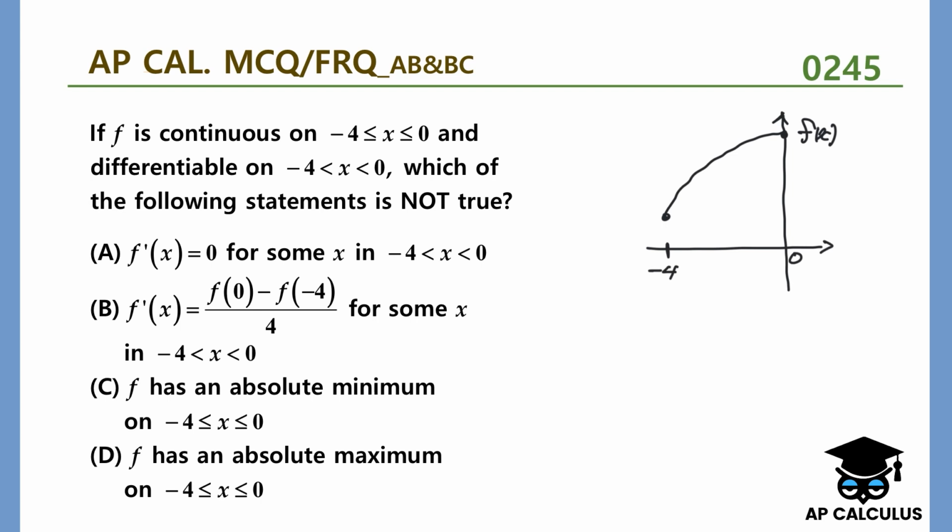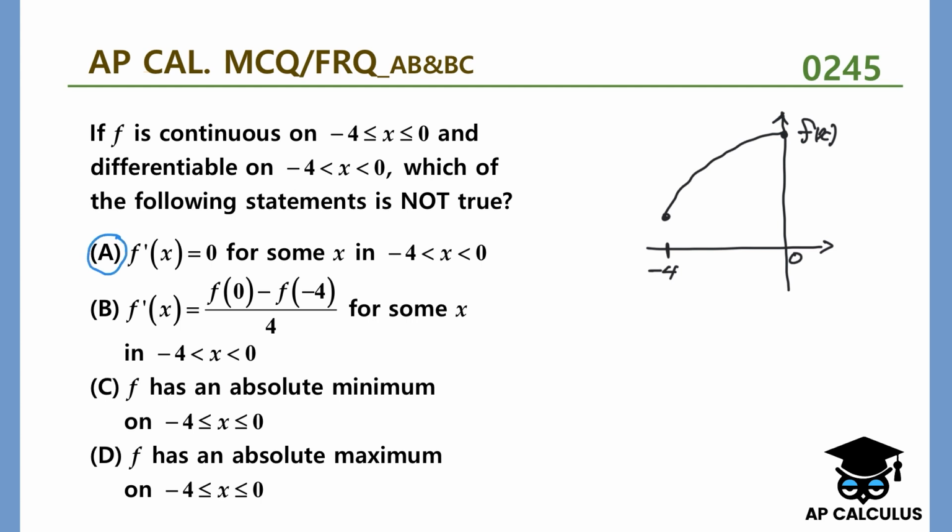If we look at the slope, this is the slope of the tangent line, right? If the f function is always strictly increasing, the slope is always positive, right? There's no x value such that f prime is equal to 0 in this interval, right? So this is not always true. So the answer must be A.